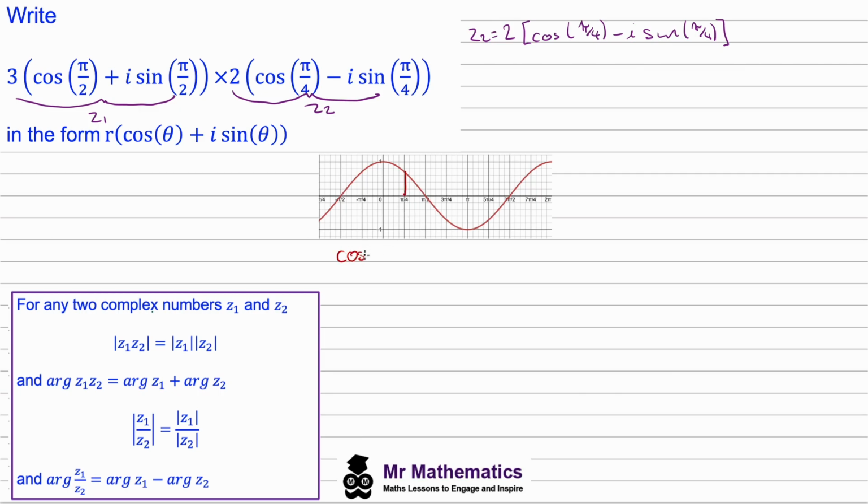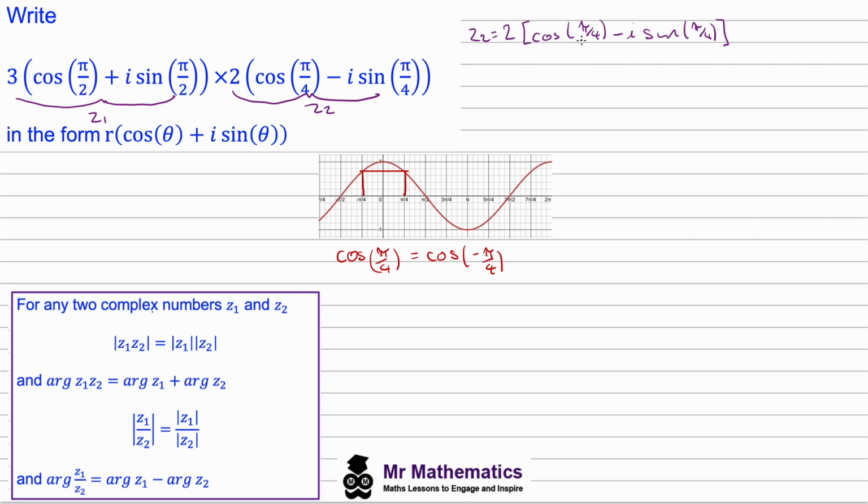Well, this is exactly the same if we go across in our graph. It's exactly the same as cos of negative pi over 4, and you see that they both have the same y value. So the cos of a positive angle is exactly the same as the cos of a negative angle.